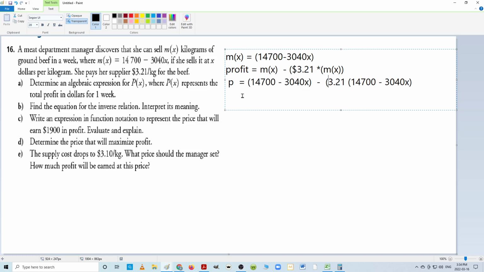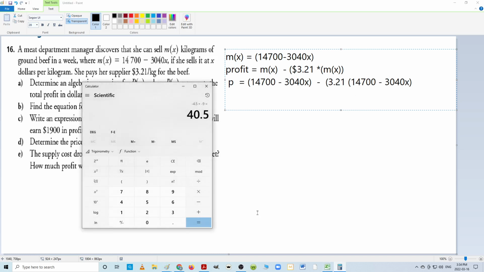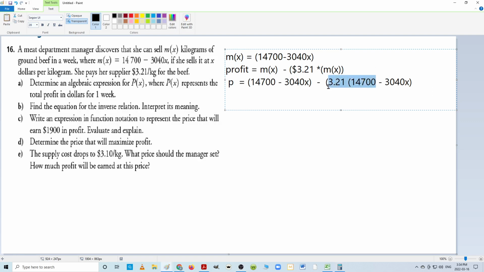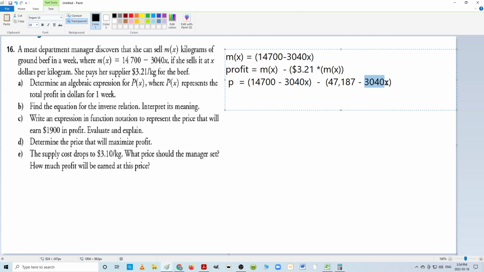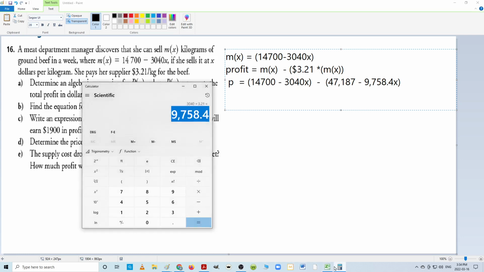So if I do this first part, that's fine. But if I multiply this second one out, this part here becomes this, and this part here becomes this. I'm going to make sure I did that first part right.